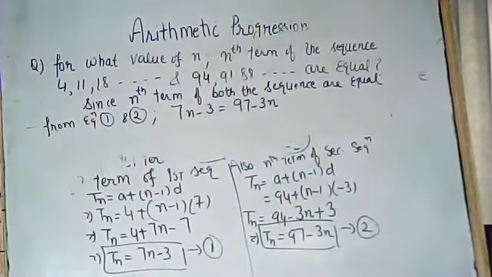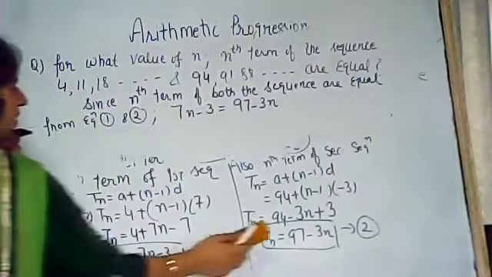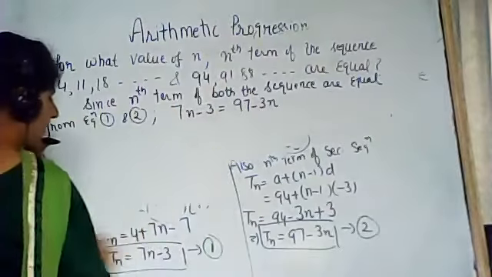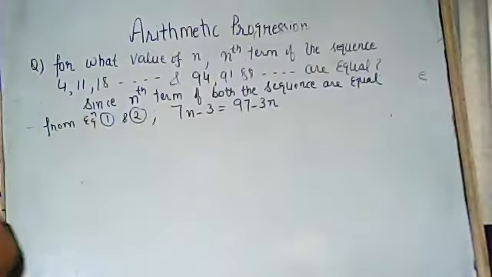Since the nth terms of both the sequences are equal, that's why we have equated the nth term of equation number 1 and 2. So now we are going to simplify.